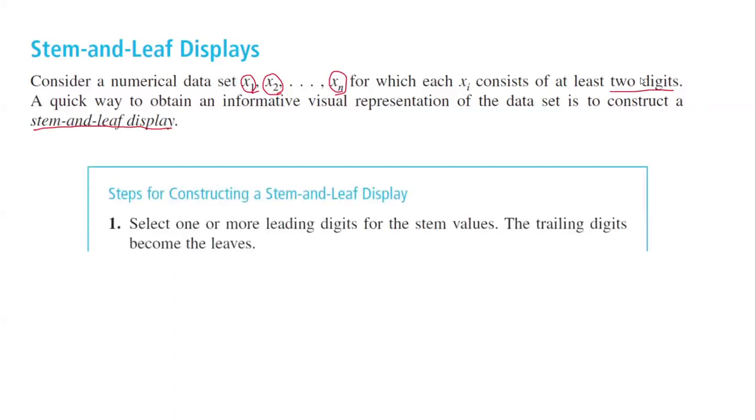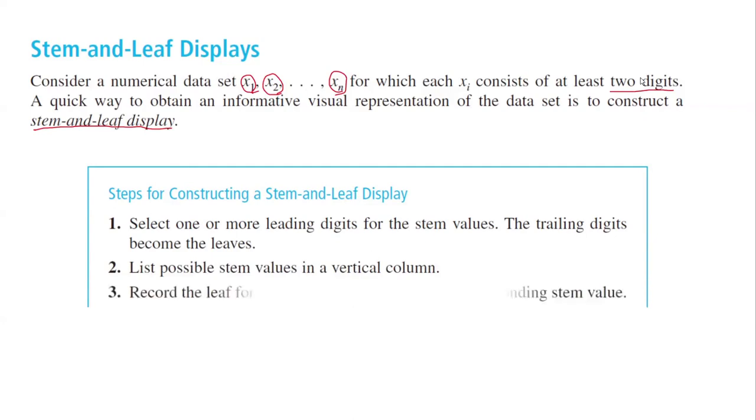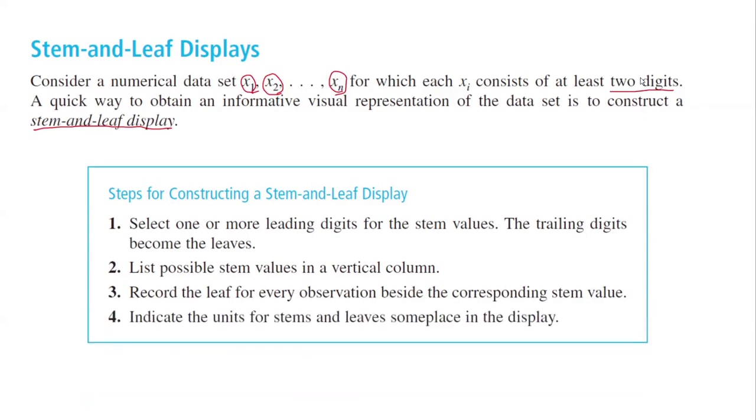Step 1, select 1 or more leading digits for stem values. The trailing digits become the leaves. Step 2, list possible stem values in a vertical column. Step 3, record the leaf for every observation. And finally, indicate the units.